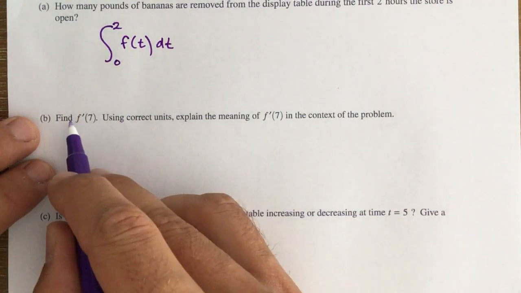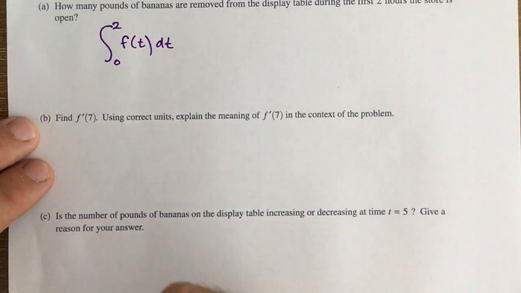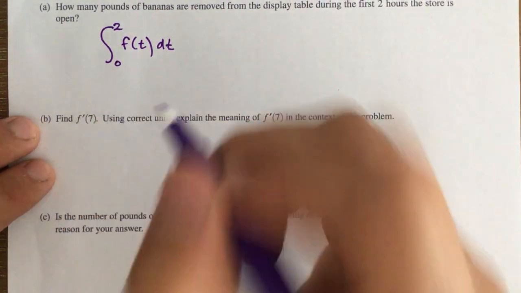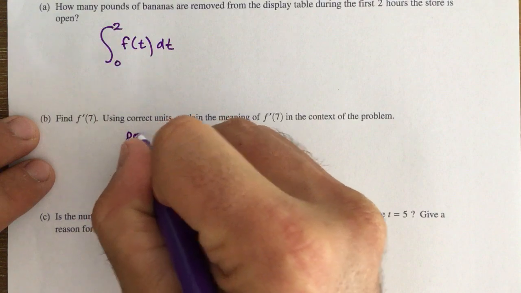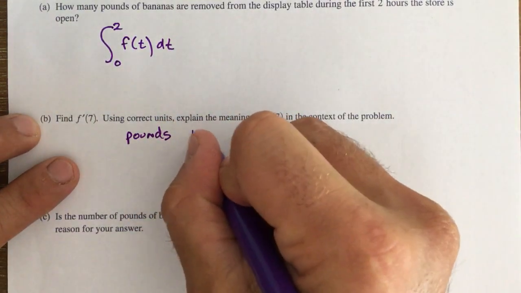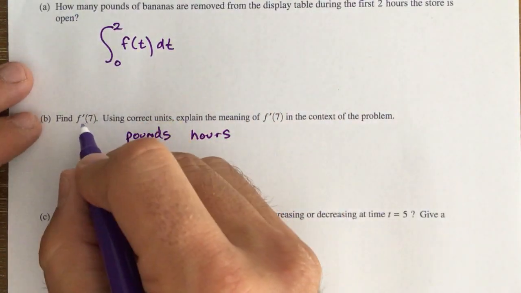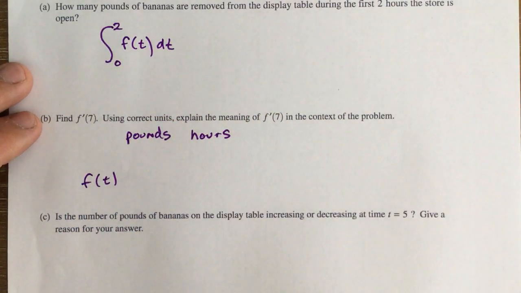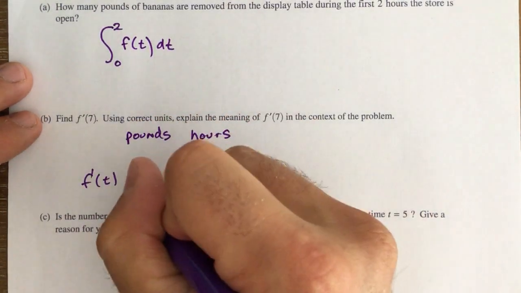This is a rate, and we're taking the derivative of it. So the rate at which they're accelerating or something like that. But you have to use the words pounds and hours. So on a calculator, you're going to take f of t, type it in, graph it, and then take the derivative and plug in 7.